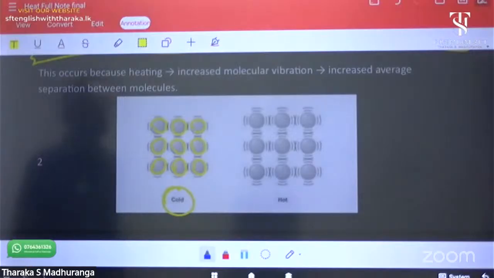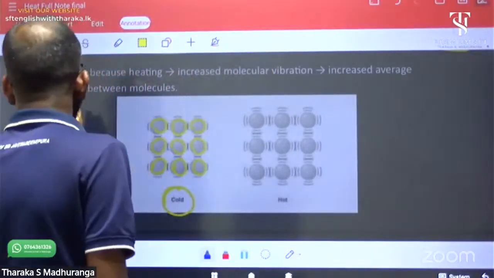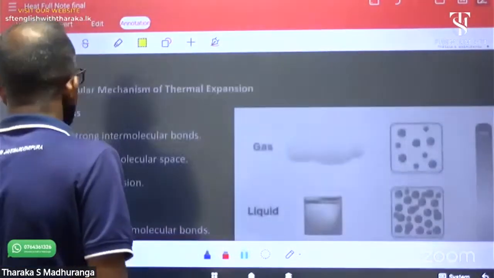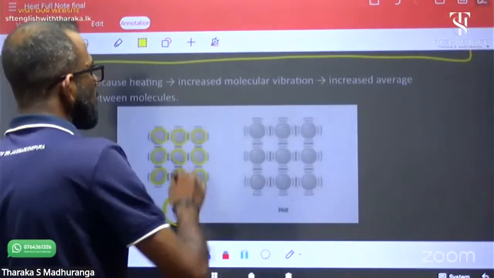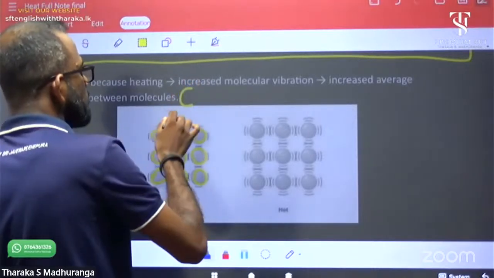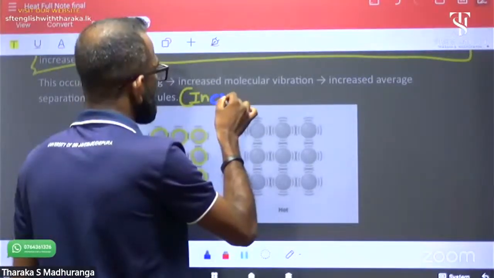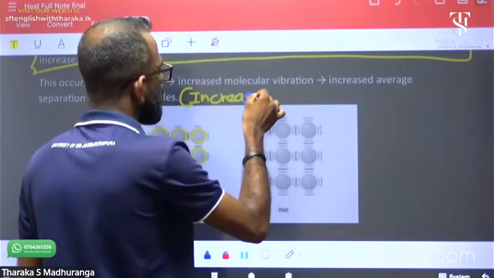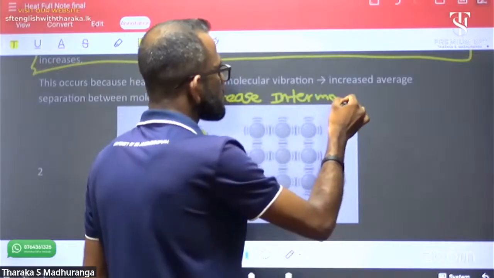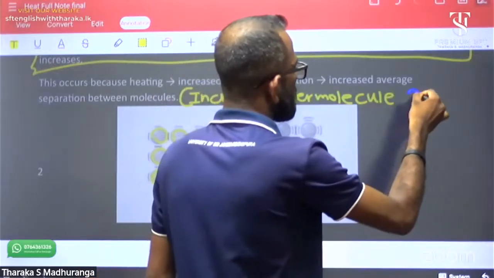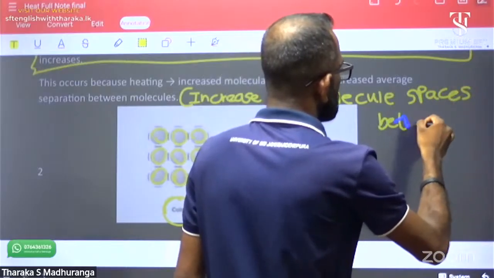Write this down: heating increases molecule vibration and increases the average separation between molecules. And write down here within brackets: increase in intermolecular spaces between molecules.